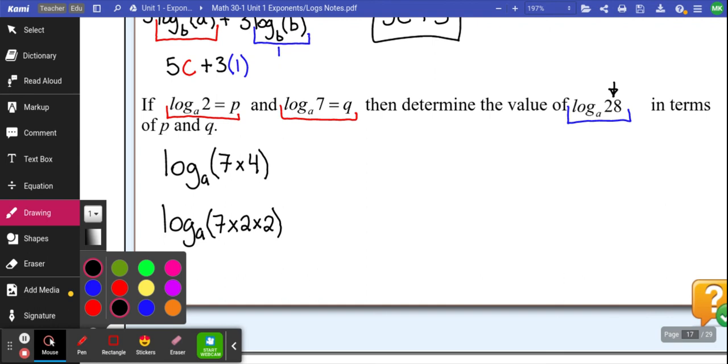And now I kind of see my bases and my arguments happening here. I just got to break them up into singular logs now. Multiplication means I'm adding logs.